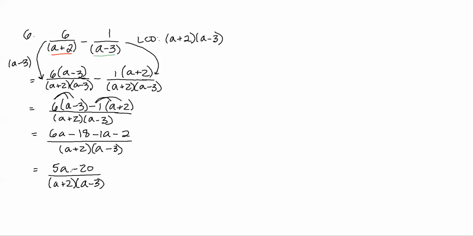Now, if I were to go ahead and factor the numerator here to try to reduce down, if I factor out a 5, we're left with a minus 4. So even though we were able to factor something out of the top, there's still nothing else to cancel out here. So always factor just to make sure that you can't simplify. But at this point, either of these answers would be correct.